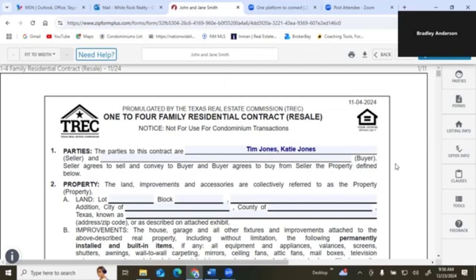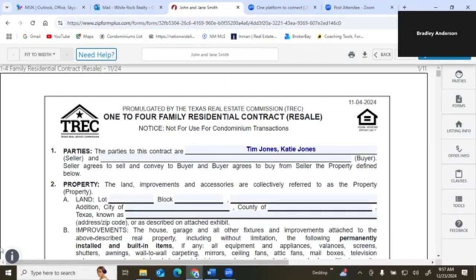So that means that both names need to be on the purchase of sale agreement, which is this, the 1-to-4 family. Okay, so even if under the tax records, that home is under one person's name, you need to find out from the other agent, hey, are they legally married? Yeah, but they're separated. Doesn't matter. They have to sign. Both parties have to sign only when they go to sell the home.